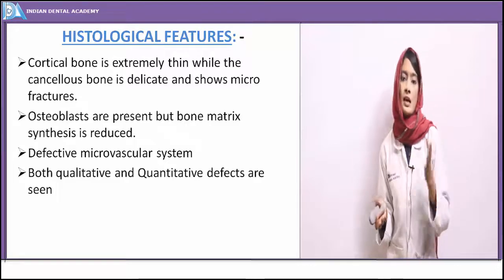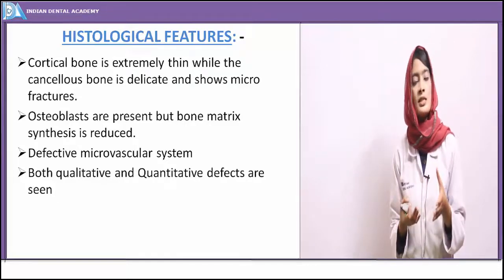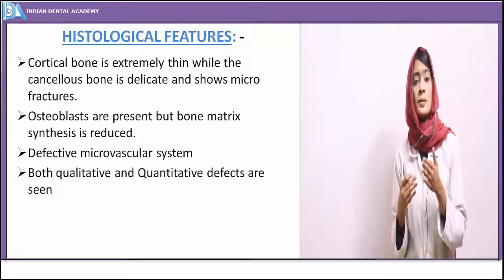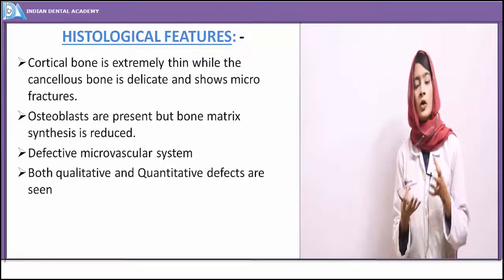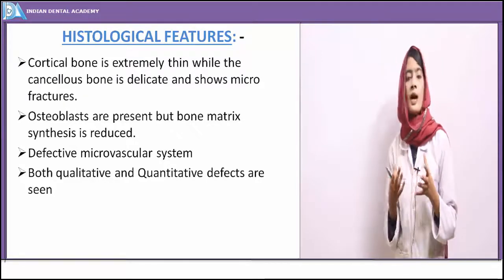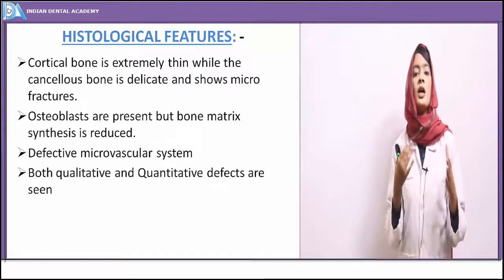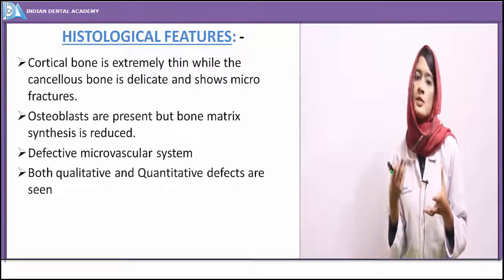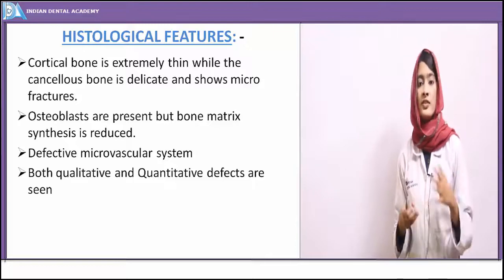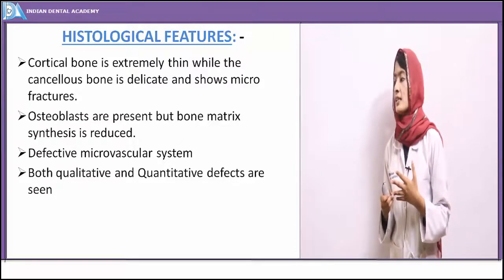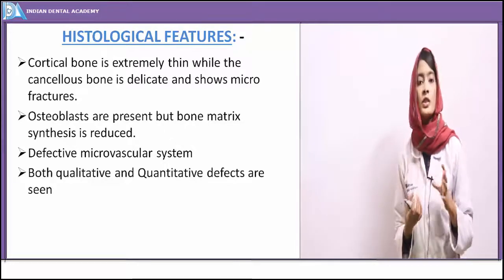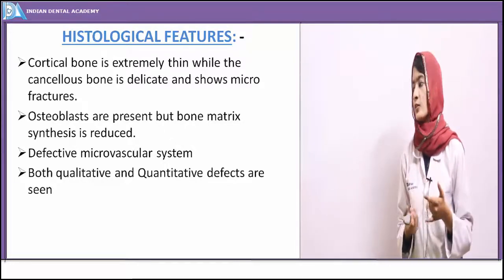The osteoblasts are present and may show deposition of osteoid, but whatever is formed is of reduced quality. So the bone matrix synthesis is reduced. The collagen which helps in synthesis of osteoid is also absent or defective, and there is a defective microvascular system. All these account for the histologic features of osteogenesis imperfecta.